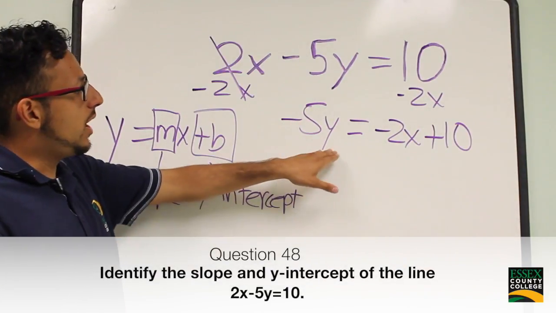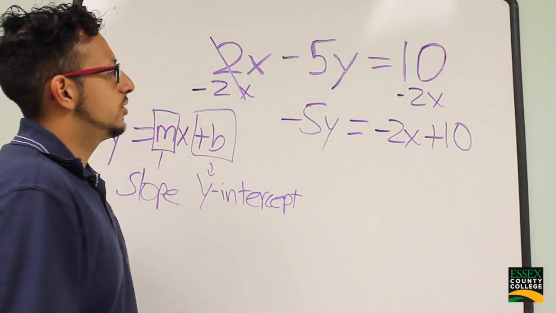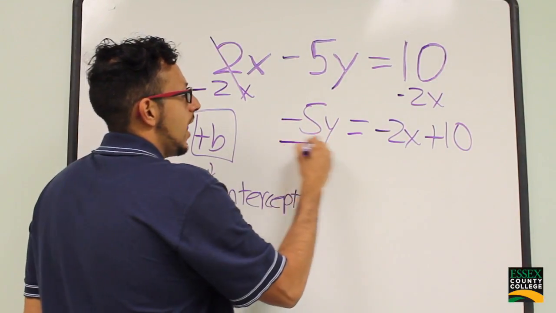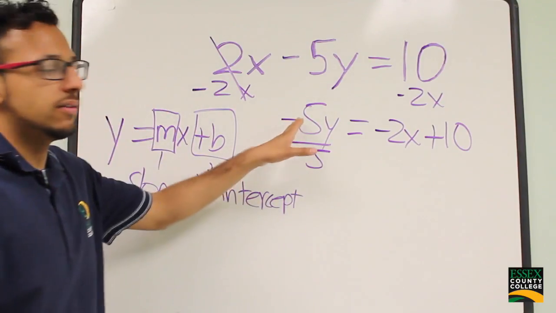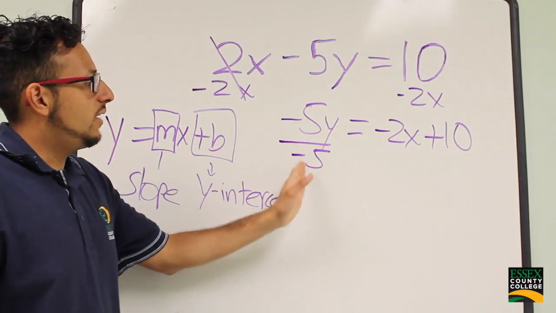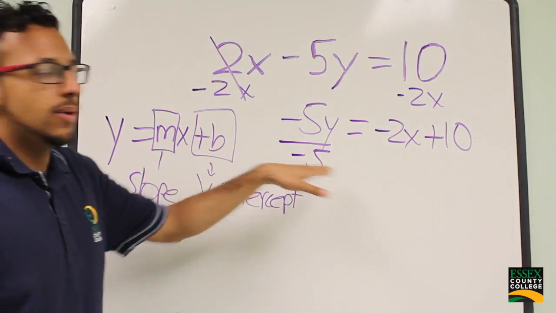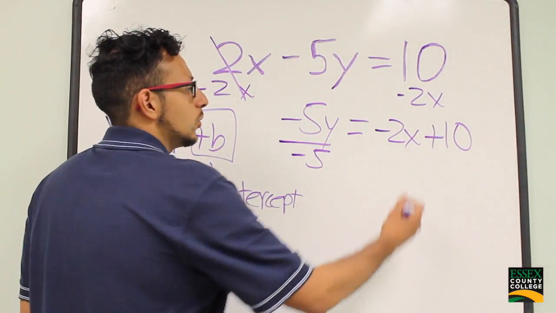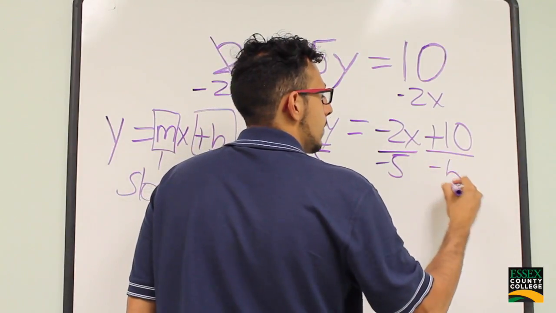And now we have to solve for y. It's negative 5 times y. Since it's multiplication, we have to do the opposite, which is division. So we're going to divide by negative 5 in order to solve for y, to cancel that out. What we do on one side, we have to do on the other side, so we're also going to divide each term on this side by negative 5.